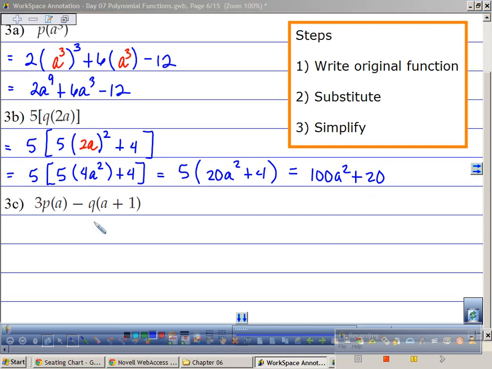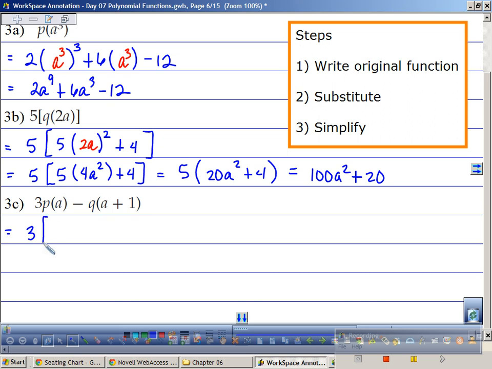All right, let's look at the last one. This one's the most complicated one. This is saying I've got 3 pizza machines that I'm going to substitute in a for a quantity, minus a quarter machine where I'm going to substitute in a plus 1. So let's not worry about what we're going to substitute in. Let's just talk about 3 pizza machines minus a quarter machine. So, 3 pizza machines.